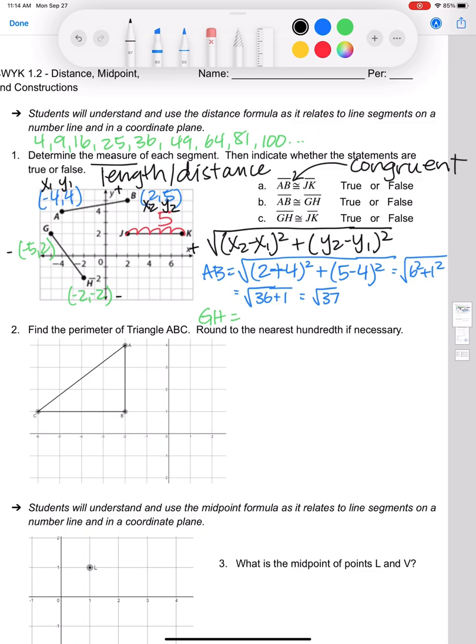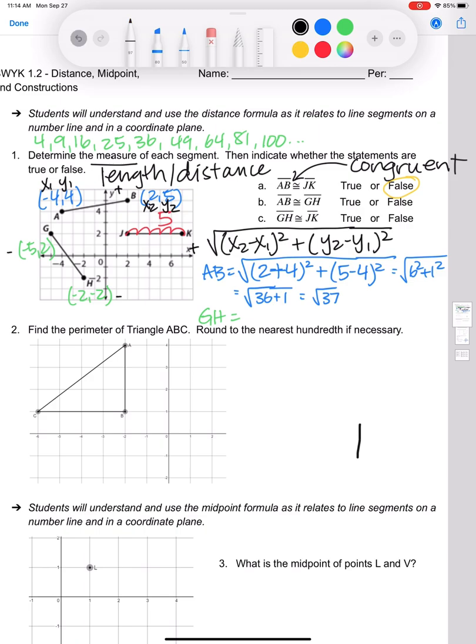So we can mark false on that first one. And we will need to finish up with this one on our own. And we're going to be moving on to number 2.